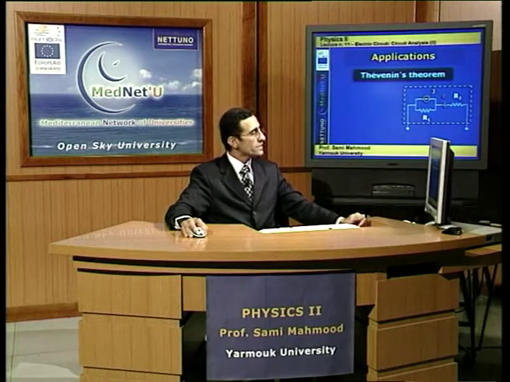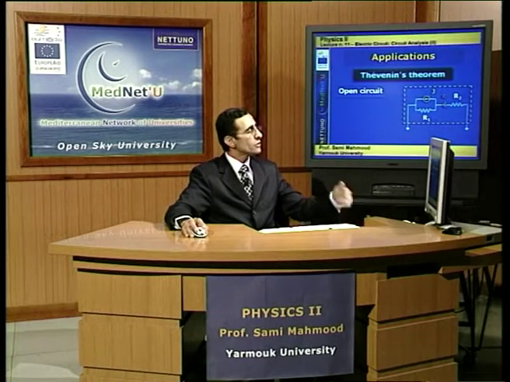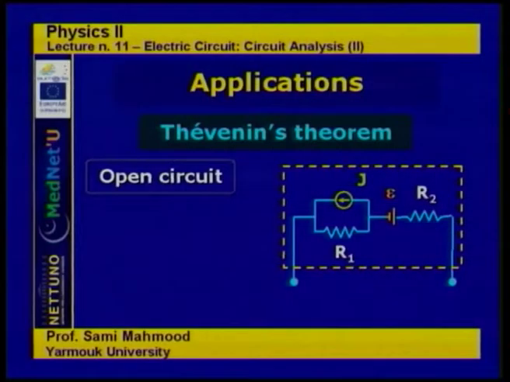So this is the Thevenin's equivalent, and in order to determine Thevenin's equivalence, we consider first of all the open circuit, and in the open circuit we have this voltage across these 2 points. The voltage is simply equal to epsilon, which is the electromotive force, minus J times R1, because in the open circuit the current is flowing in this loop only.